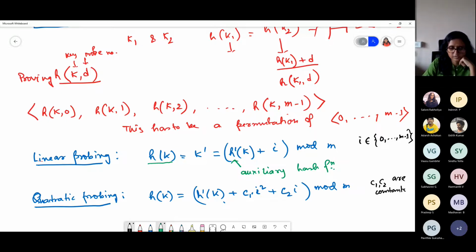So you are using the auxiliary function plus a square over this probe number, plus some linear part we are adding. As it is square, it is quadratic.